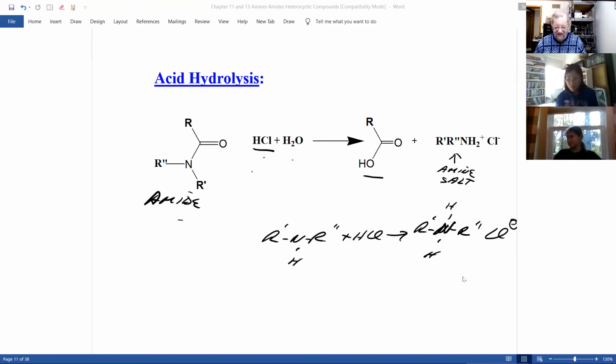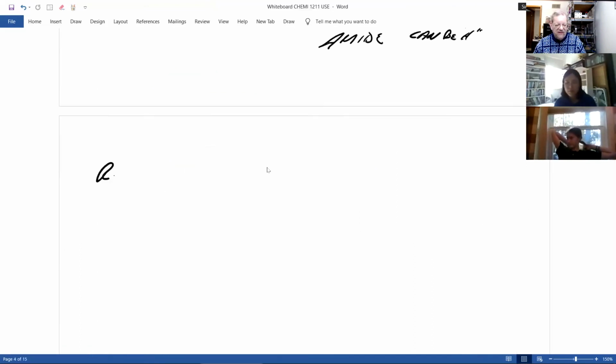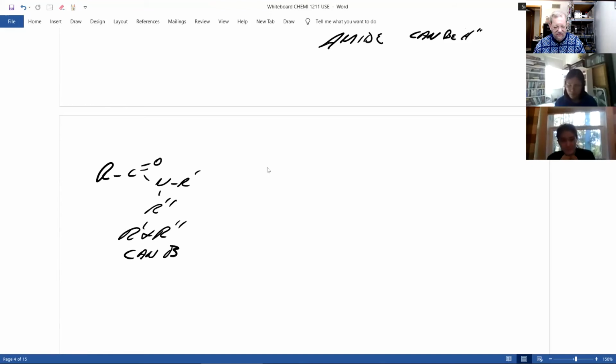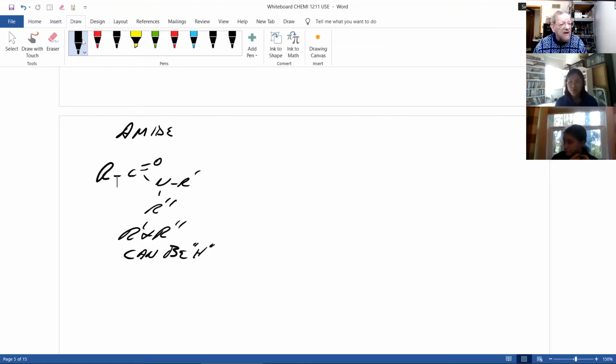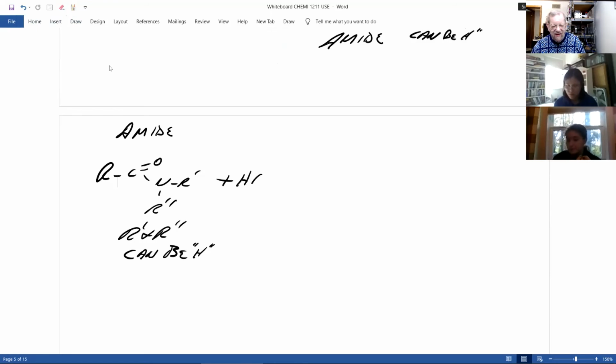So let's look at this again. Sometimes I'll put the HCl in water above and below the arrow, but for today, I'll write it like this.